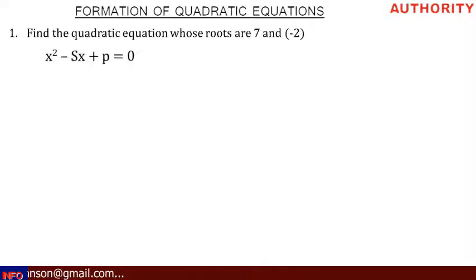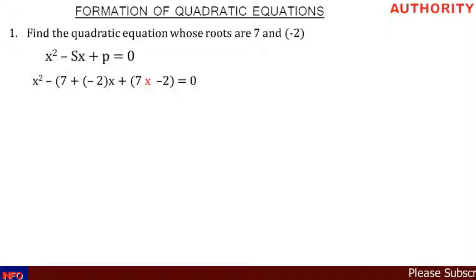Now let's fix it here. We're going to have x squared minus, let's open the bracket, the sum of the roots, 7 plus open bracket minus 2 close bracket, x, plus the product, 7 times minus 2, that is the product of the roots, close the bracket, equals 0.